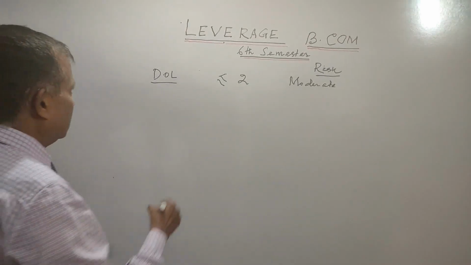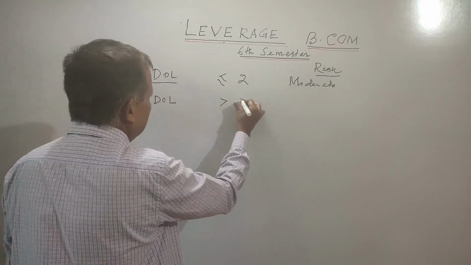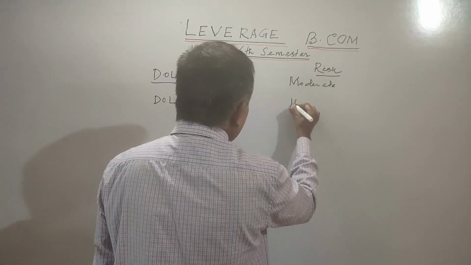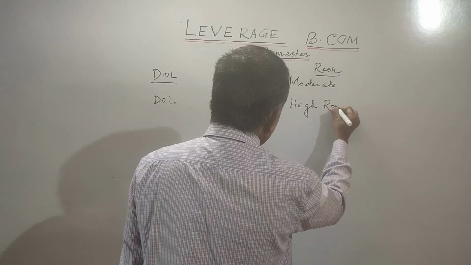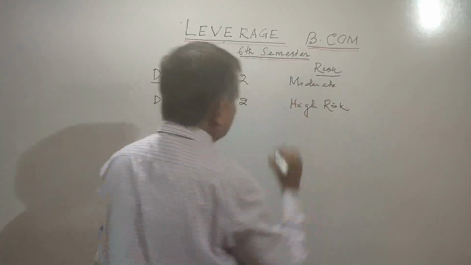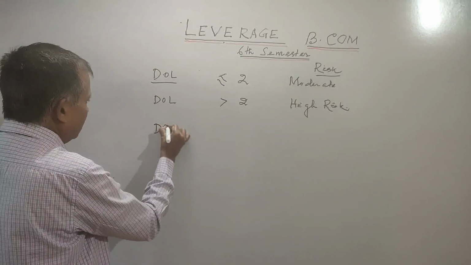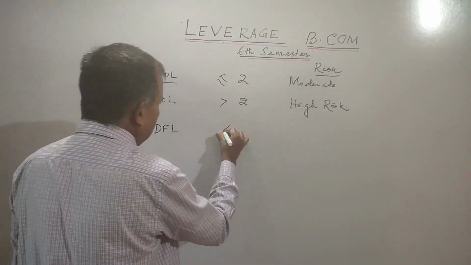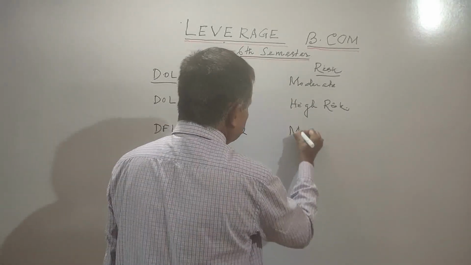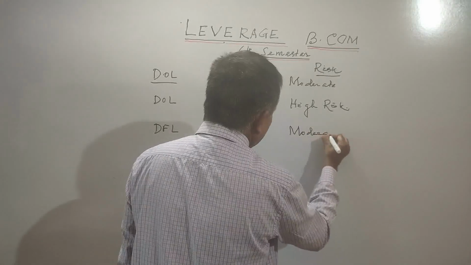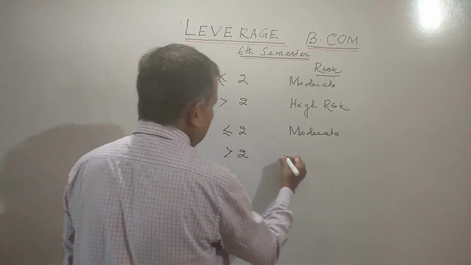If DOL is greater than 2, high risk. Similarly, DFL less than or equal to 2, moderate; greater than 2, high risk.